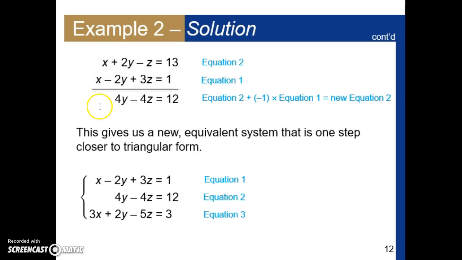So x minus x is 0, 2 minus -2 is 4, -1 minus 3 is -4, and 13 minus 1 is 12. We can add or subtract either way. We could also take one of these and multiply through by -1 to change all the coefficients and then add them.